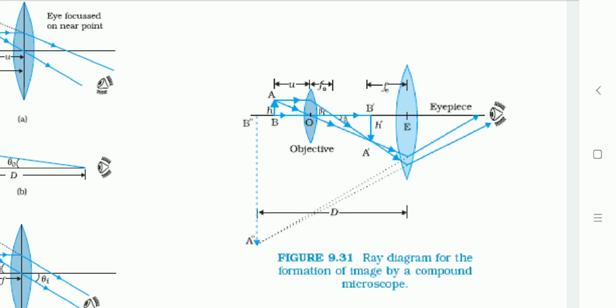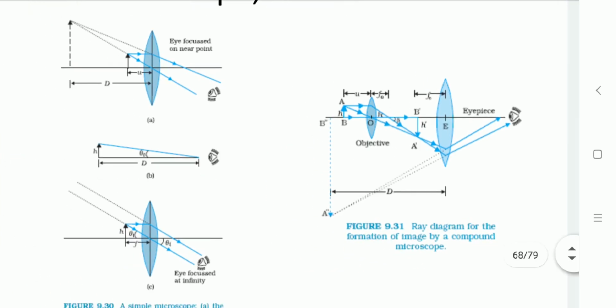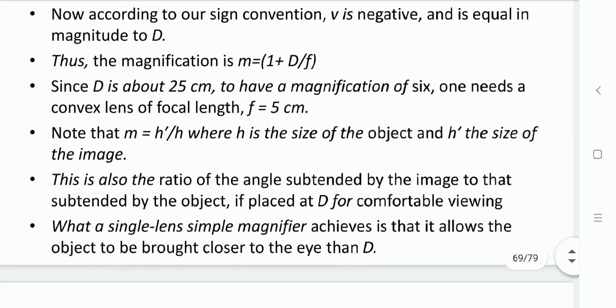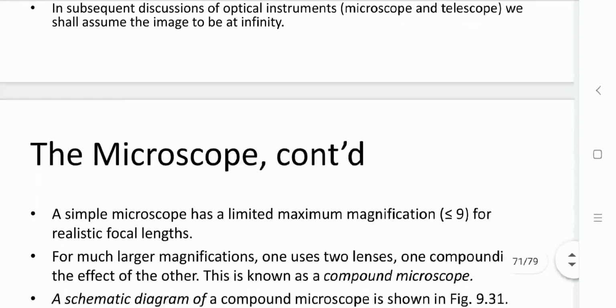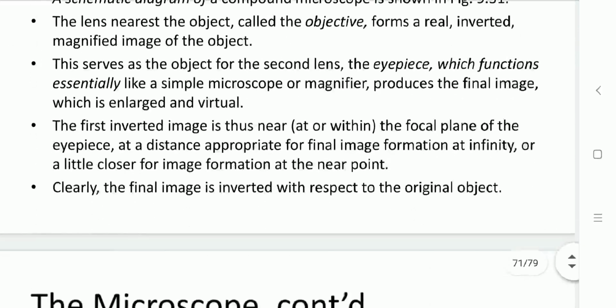So the first lens has the magnification L by f0, and the second lens has the magnification D by fe. Let us multiply the magnifications. As we know, total magnification is the product of individual magnifications. So we can define total magnification M equals L by f0 into D by fe.